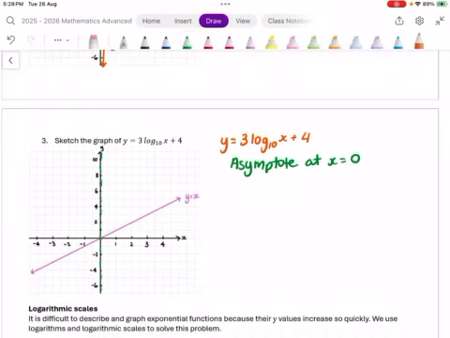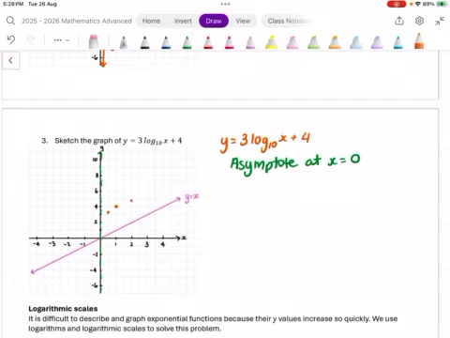What I'm going to do is substitute in some values. I'm going to start with 0.5. When I substitute in 0.5, I get just above 3, 3.09. When I substitute in 1, I get 4, because my graph has been translated up 4 units. When I substitute in x equals 2, I get 4.9, so just below 5.